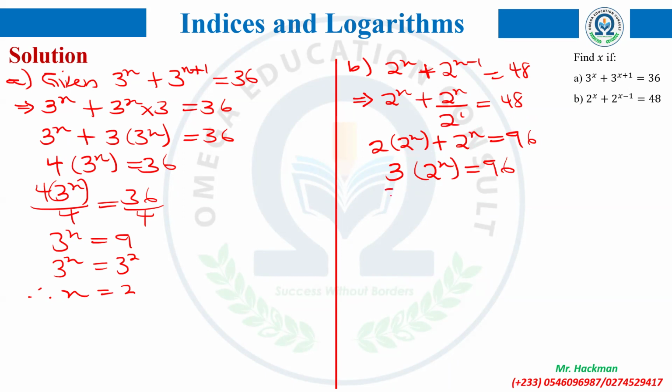So you write it again, then you divide over 3. So we get 2 to the power x is equal to what?